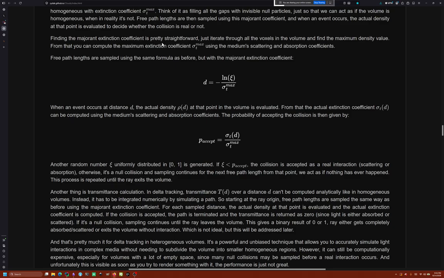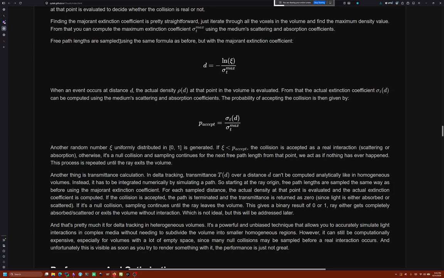Finding the majorant extinction coefficient is pretty straightforward. You just iterate through all the voxels in the volume and find the maximum stored density. From that, you can compute the maximum value of sigma t from the scattering and absorption coefficients.